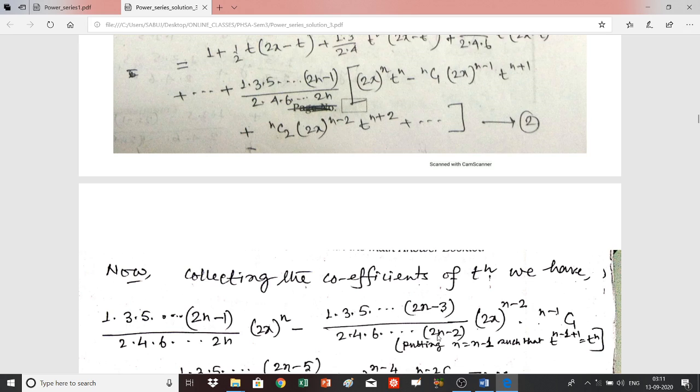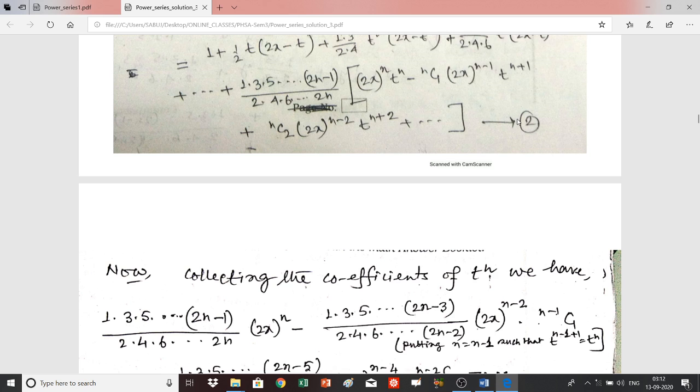So I have written here 2n minus 2, and then x to the power n is replaced by n minus 2, since you replaced n by n minus 1. So in this case n should be replaced by n minus 2.